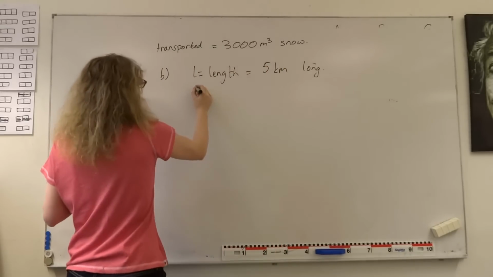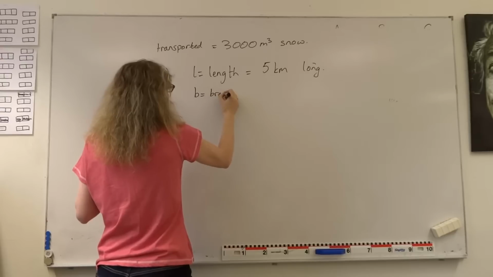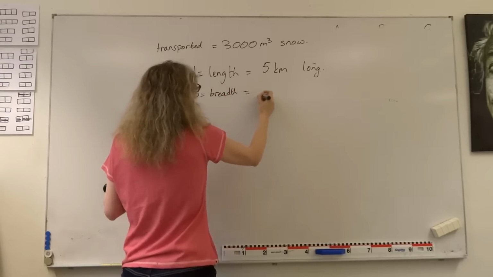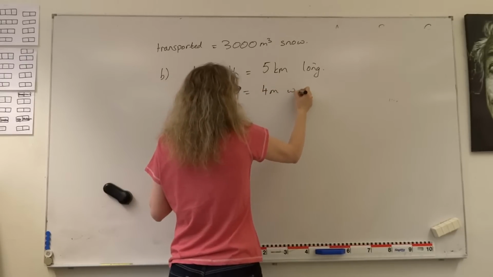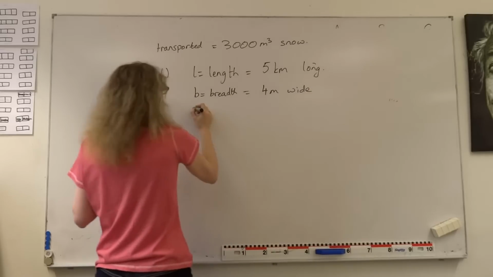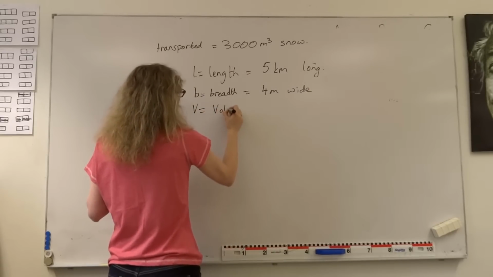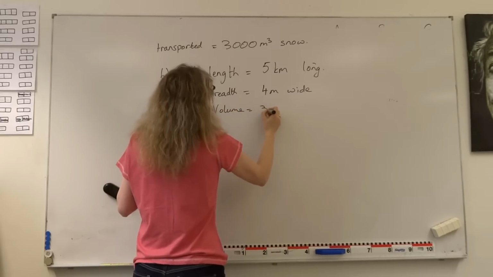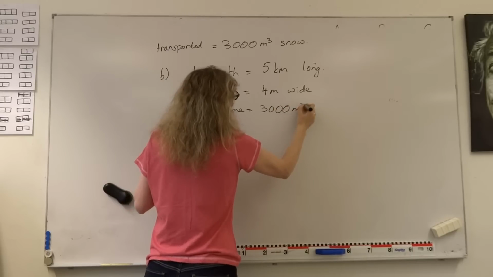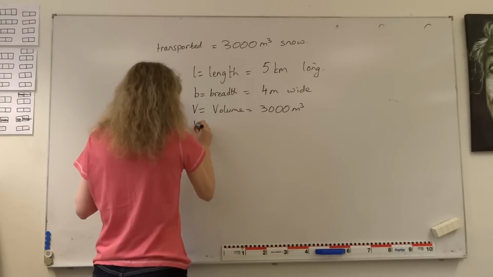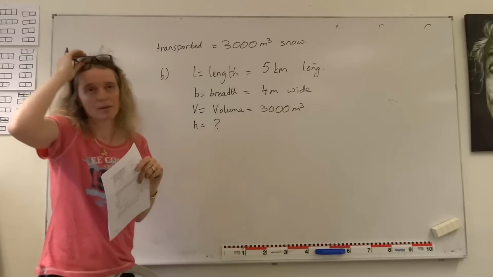The breadth of the track was 4 meters wide. We know the volume, V equals volume, it's 3,000 cubic meters. They're wondering what the height is going to end up being.